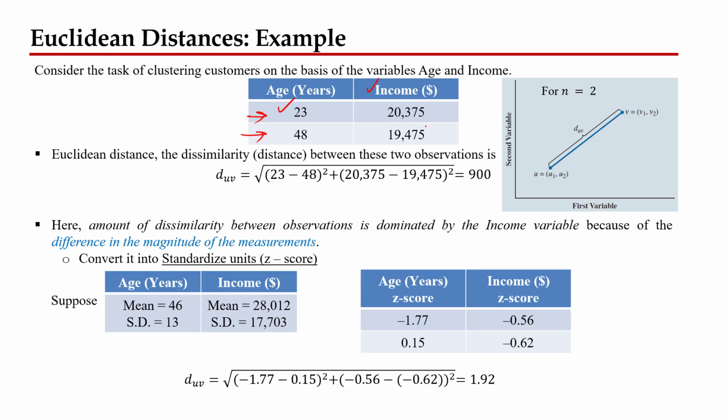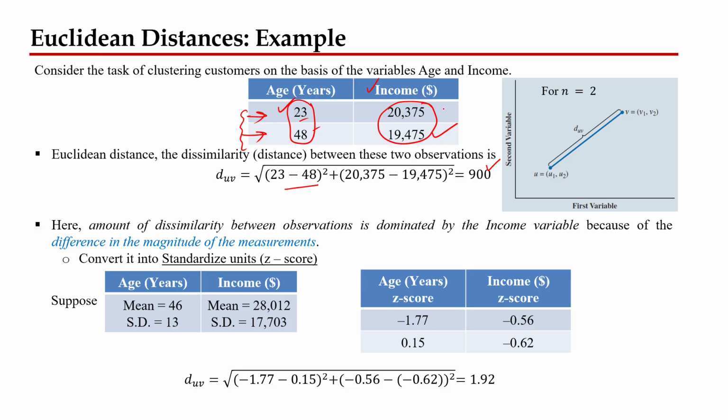When we calculate the distances, as you can see over here, the age is in tens whereas the income is in thousands. So we know the formula, that is 23 minus 48 plus 20,375 minus 19,000, and taking the square root, this is the distance between these two observations.